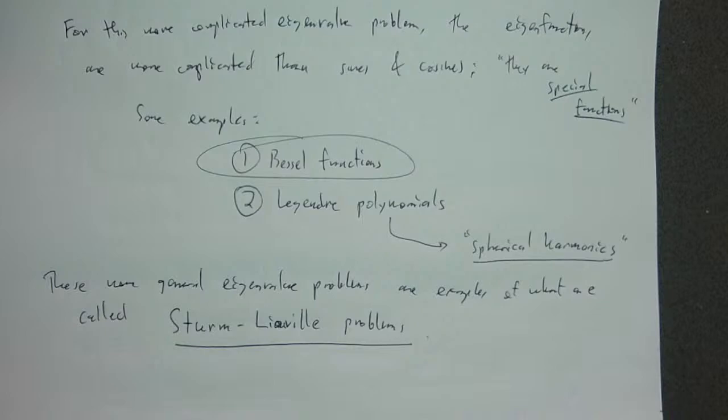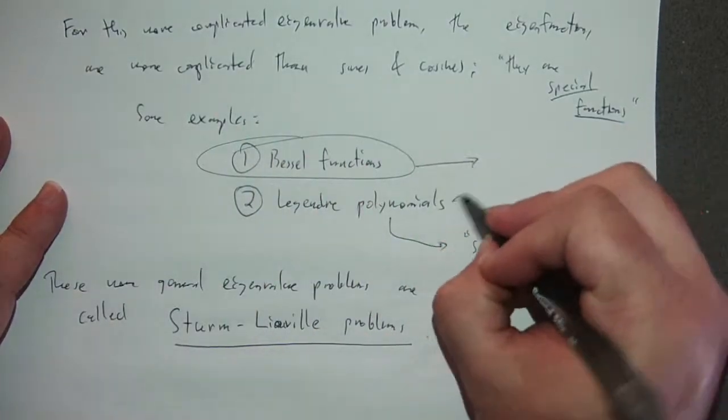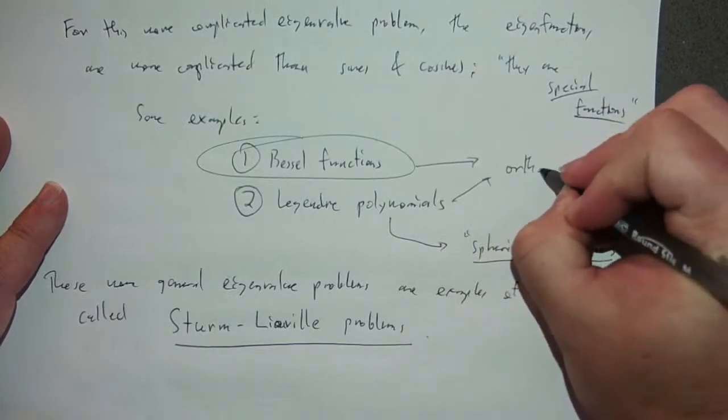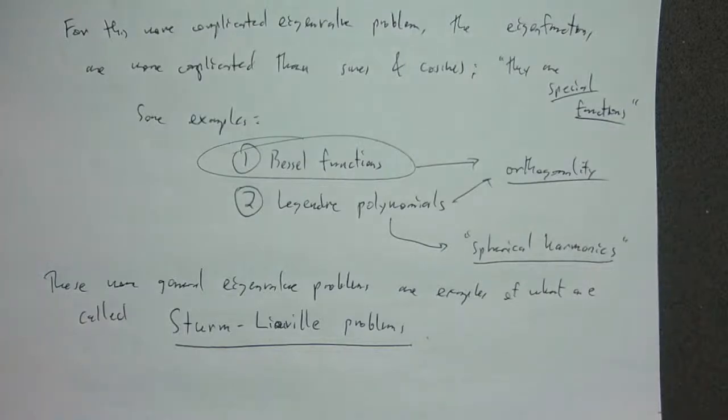And so, in these cases, these special functions are going to satisfy orthogonality just like our sines and cosines did. And just like our sines and cosines did, they're going to form a basis for the space of reasonable functions that we're investigating in the best cases. So these are truly going to be an analog of the sines and cosines for these more general eigenvalue problems.